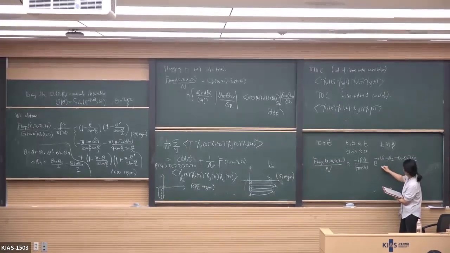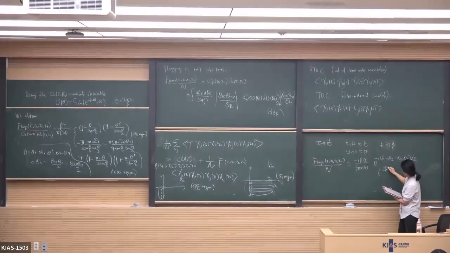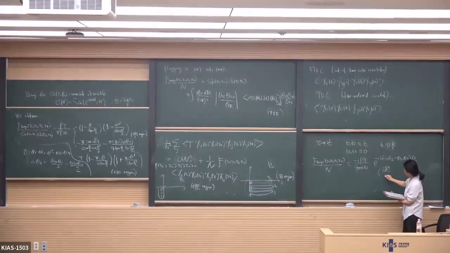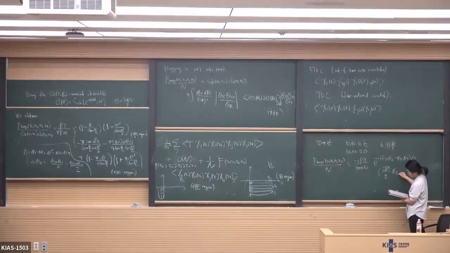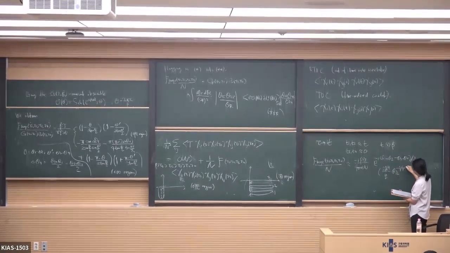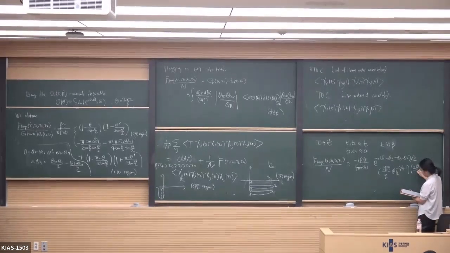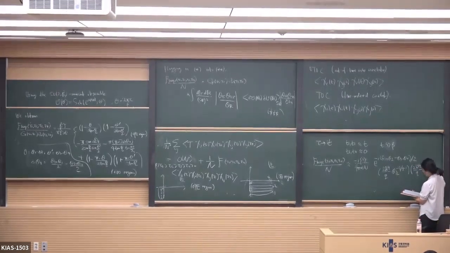So we have 2b. b is a constant that I wrote down in the first lecture involving q: beta 1, 2 minus 2, 2b 1 over q, beta 3, 4 minus 1.